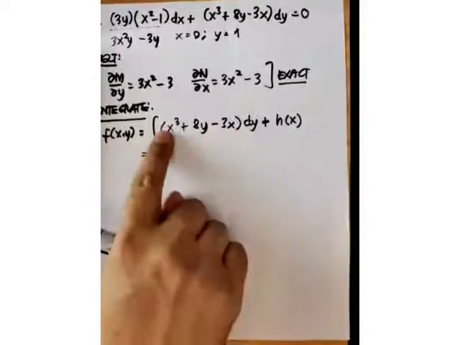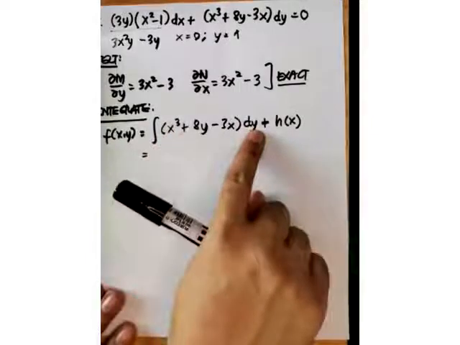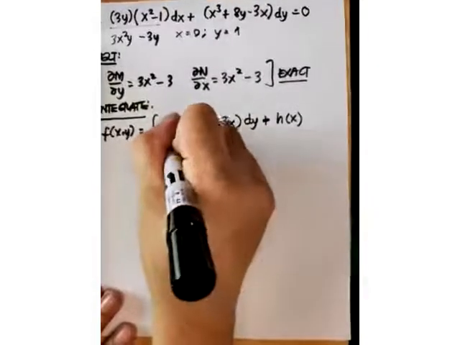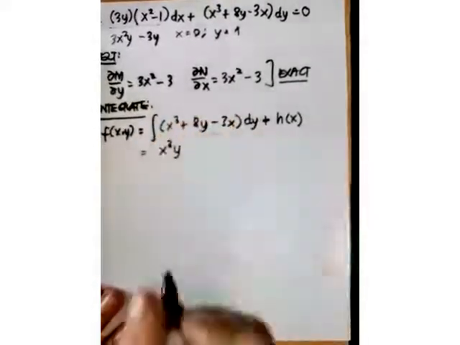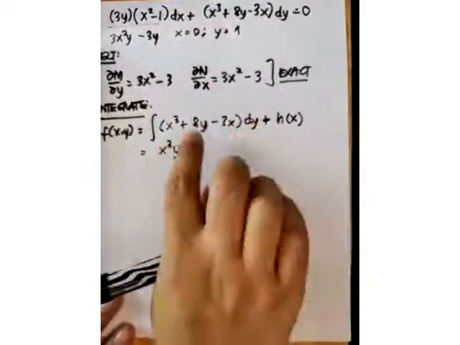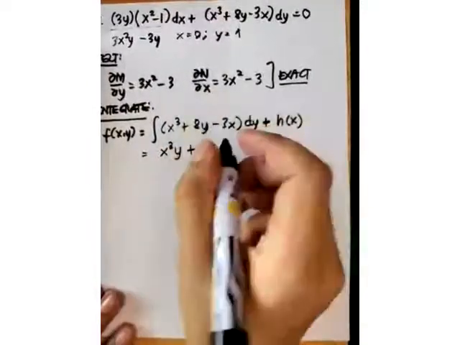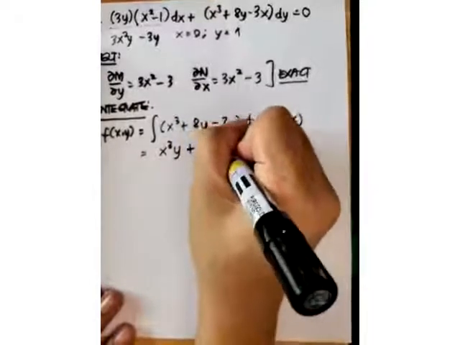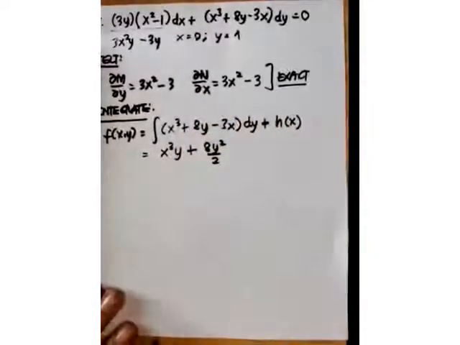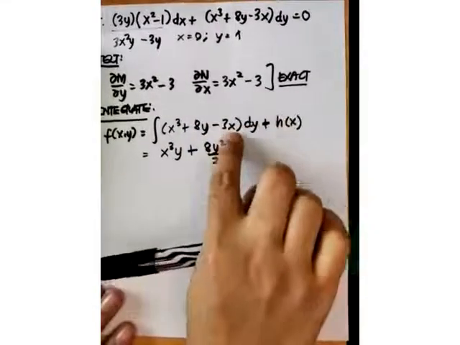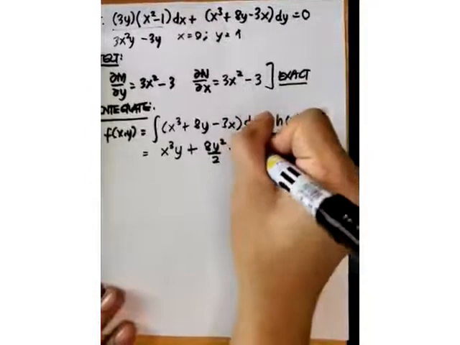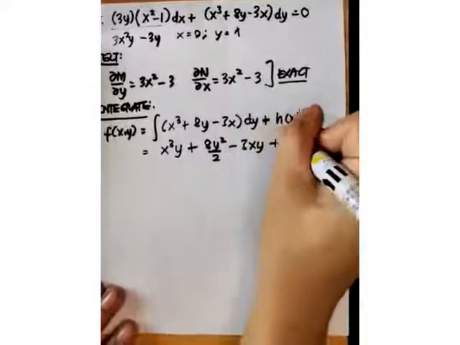Okay, class. X cubed is a constant. Ini-integrate natin is dy. So that will be x cubed y plus 8y dy. So that's power rule. So that's 8y squared over 2. Minus 3x is a constant, dy. So that's 3xy plus h of x.